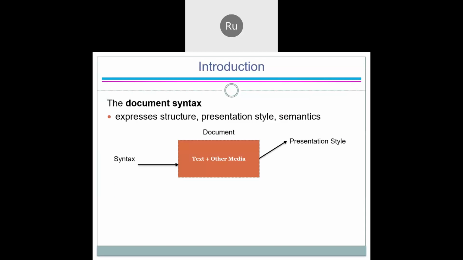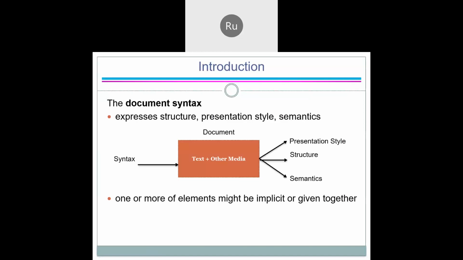They have the presentation style, and then the structure and also the semantics. Semantics refers to the meaning. So one or more elements might be implicit or given together. You may have presentation style and structure together, or structure and semantics together, or all of them together in one document.